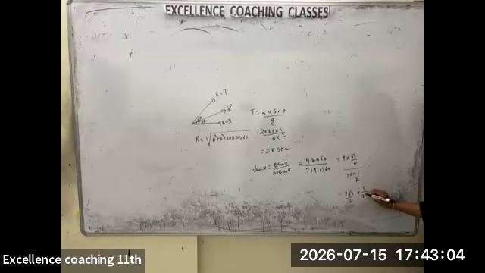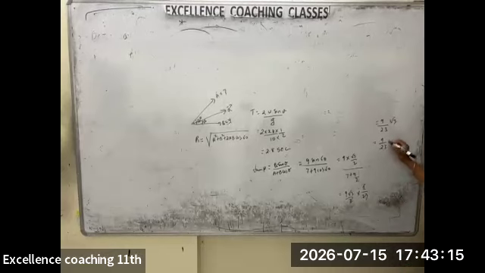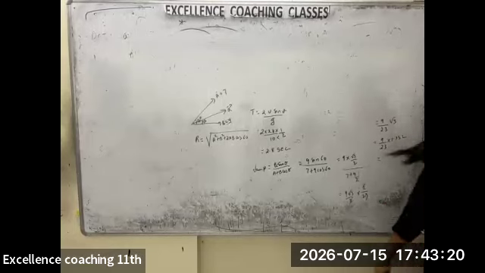So 2 went up, 23 came here. This will be inverted. So 2 got cancelled out. So 9 upon 23 into root 3. And how much is root 3? 1.732. So I divide and get some value.